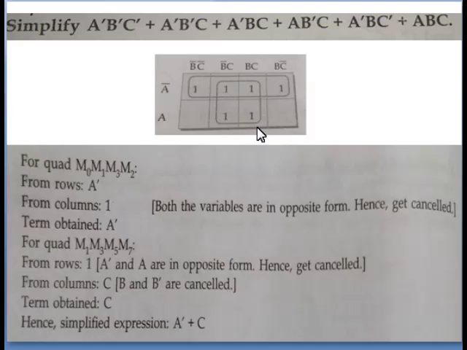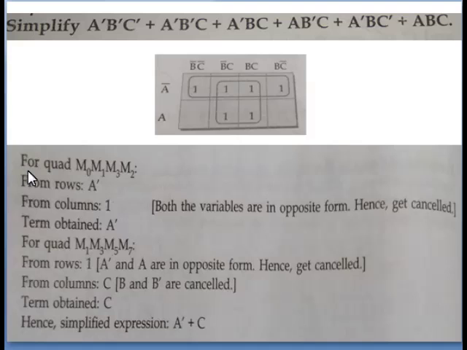Totally we got 2 quads. This is quad number 1, quad number 2. If you want to take this as quad number 1 and quad number 2, then also it is okay. We will change the quads. So this is the second step, grouping the ones. Now we are going to the simplification side.